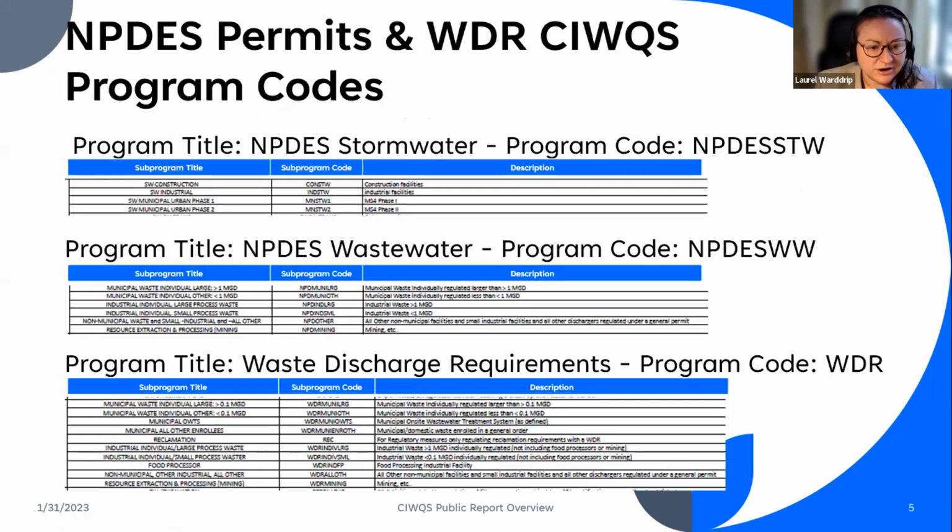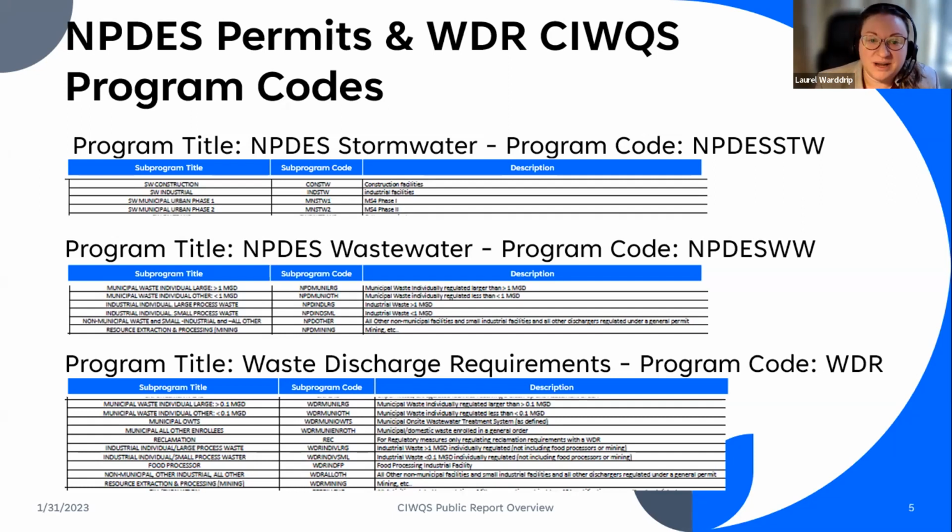Another thing that is a little harder to find, and it's used pretty universally in CIWQS, are these subprogram titles, subprogram codes, and descriptions. And why this is important, and you'll see later in the slides, is there's kind of a categorization in CIWQS for what permits or regulatory measures belong to what programs. For example, NPDES-STW is not the same as NPDES-WW.